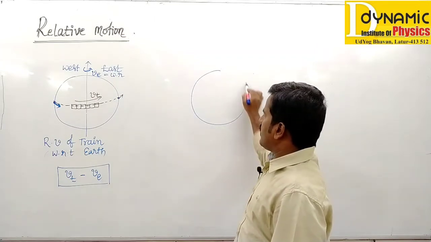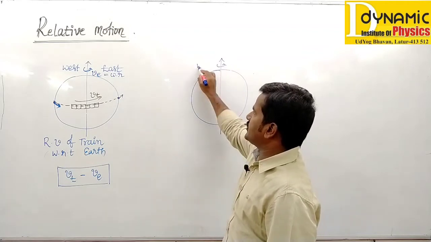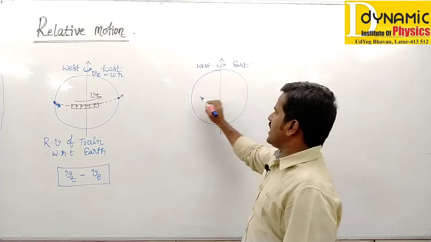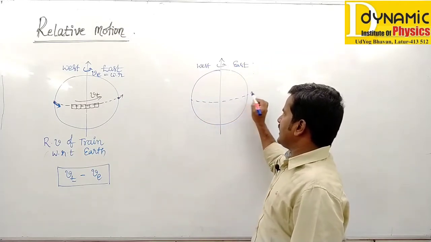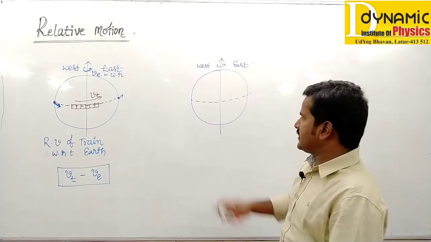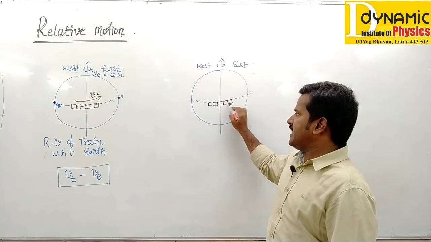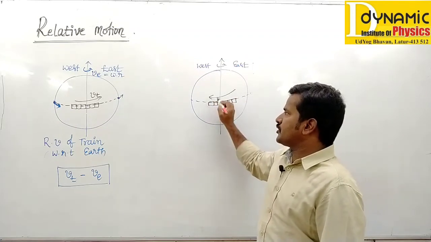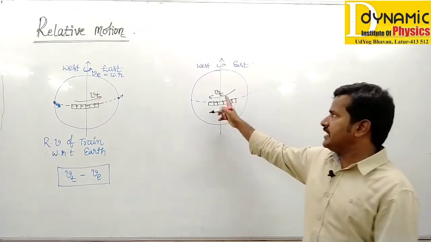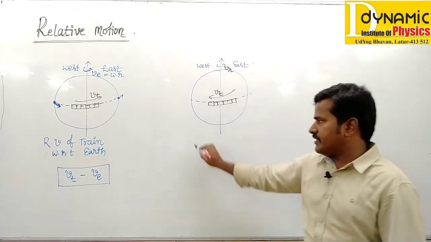Suppose Earth's rotation is always from west to east, and the train at the equatorial position moves from east to west with a velocity of Vt. This is Vt and this is Ve. The directions are opposite.